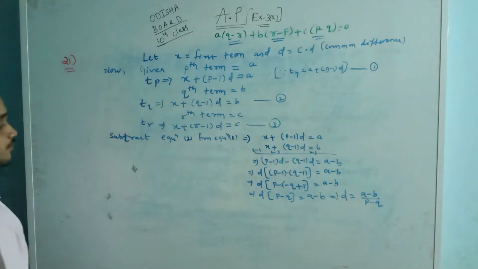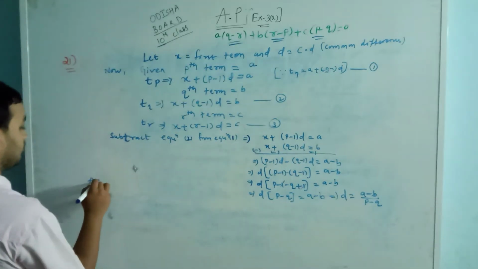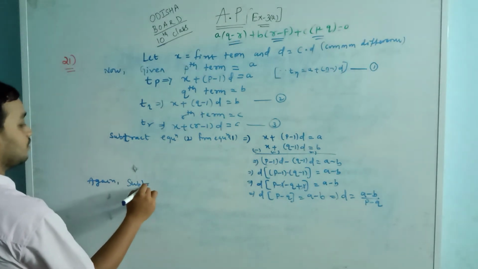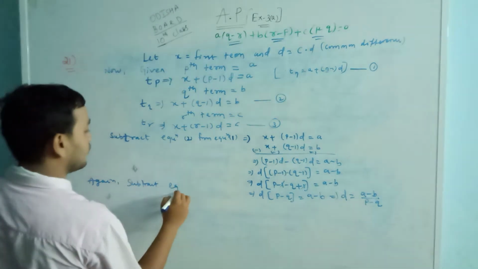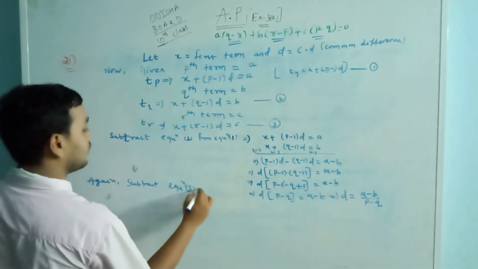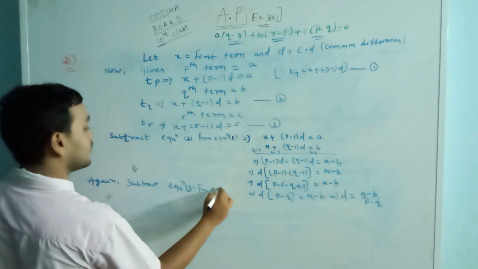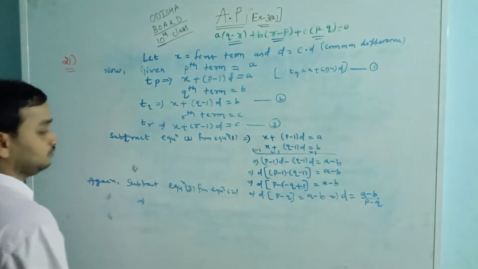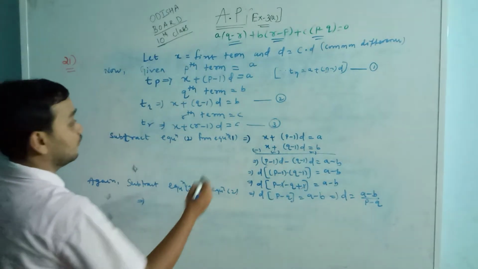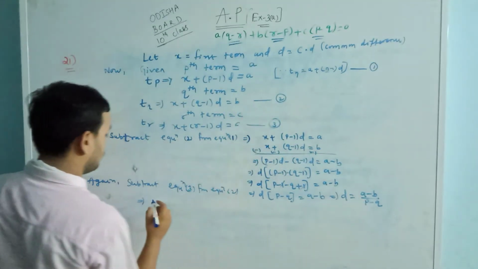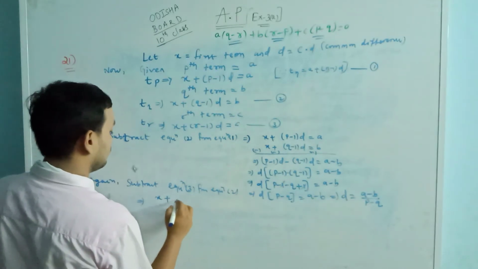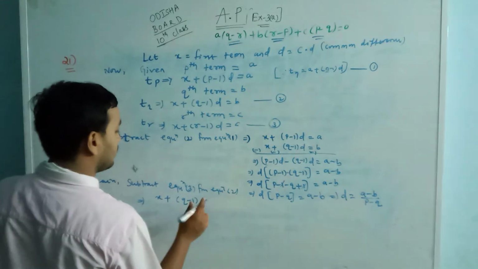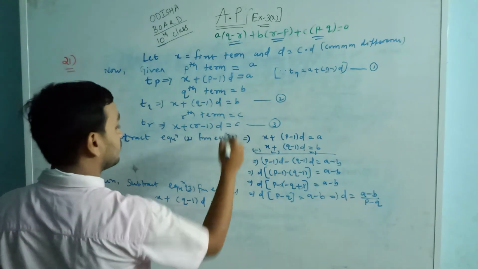In the same way, again subtract equation 3 from equation 2. What we get? Equation 2, x plus Q minus 1 D is equal to how much?